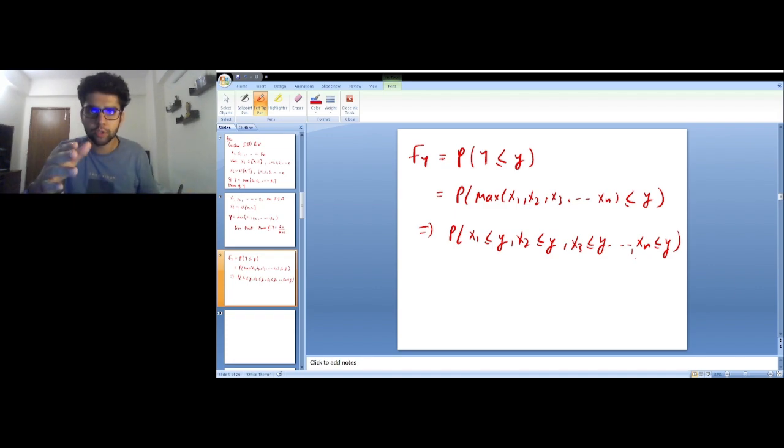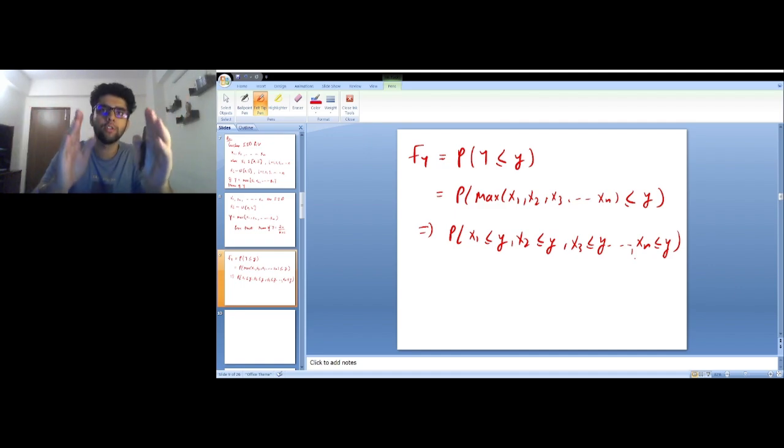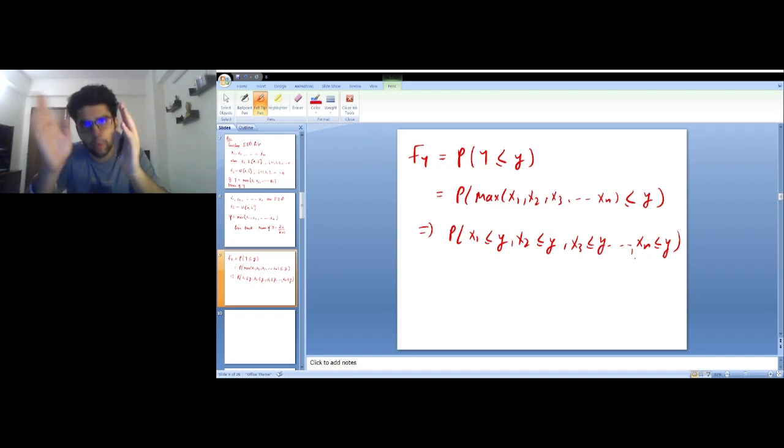For example, if x2 is the max of all of these values, this means that x1 is less than x2 and x2 is equal to y.